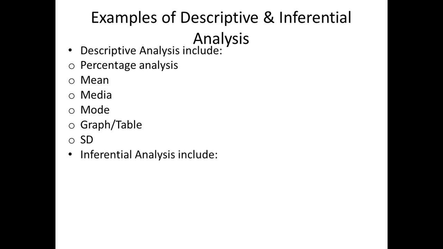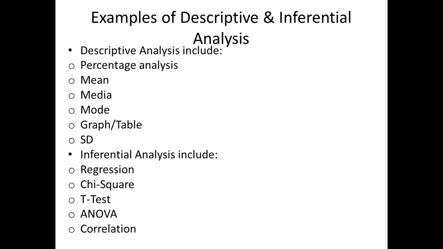But inferential statistics include the following: regression, chi-square, t-test, ANOVA, or correlation. Any one of these falls under inferential statistics. So if you are linking two or three concepts together, you are using one of the inferential approaches. But if you are just describing an event, you are using any of the descriptive analyses to unveil, unravel, or investigate and show the dynamics and dimensions of what you are investigating on that concept.